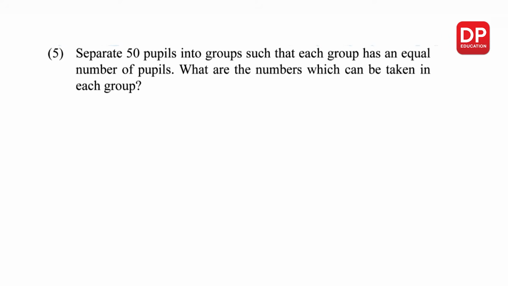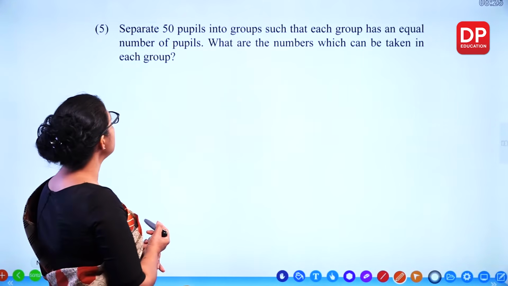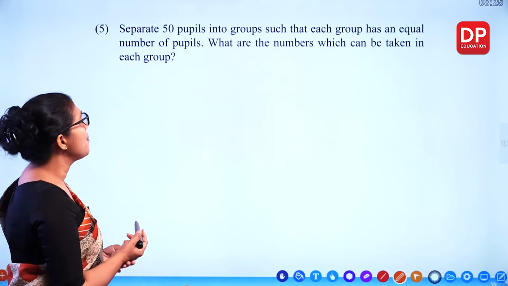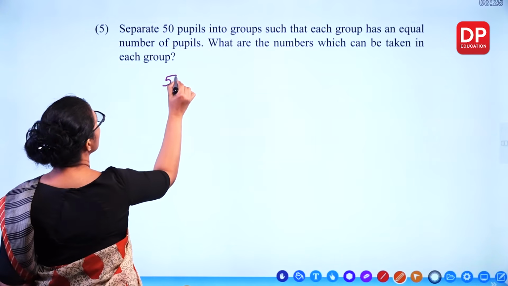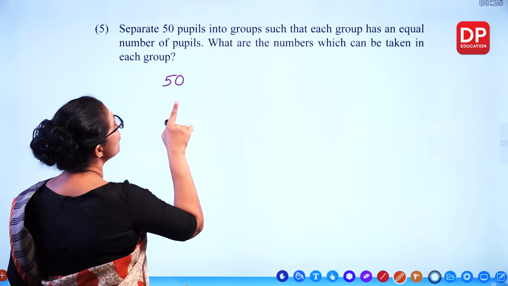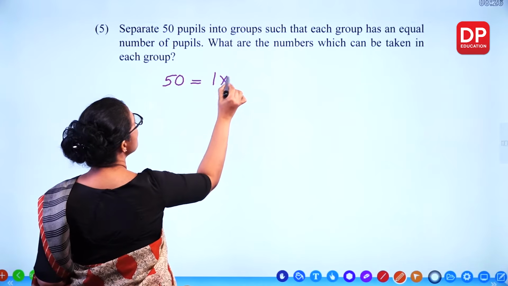Question number 5. Separate 50 pupils into groups such that each group has an equal number of pupils. What are the numbers which can be taken in each group? That means factors. So into groups, you can divide by 1. 1 times 50.